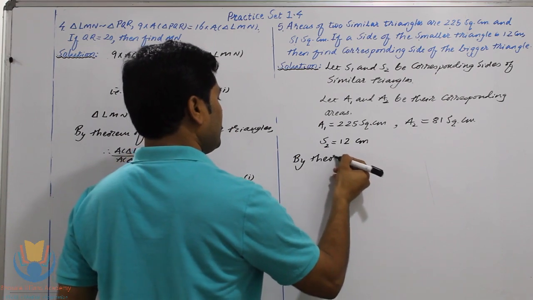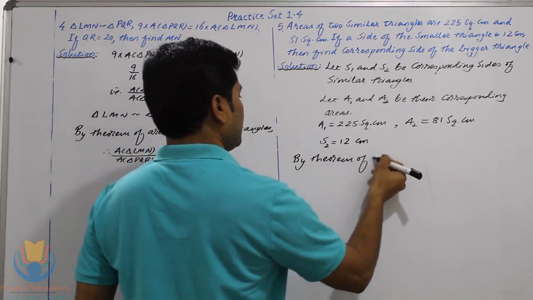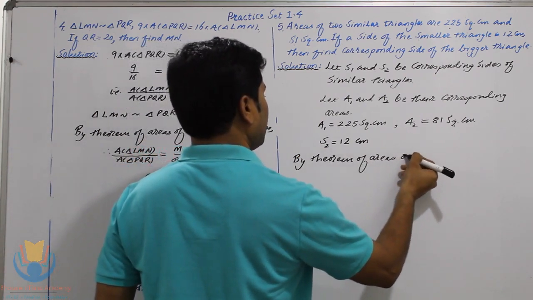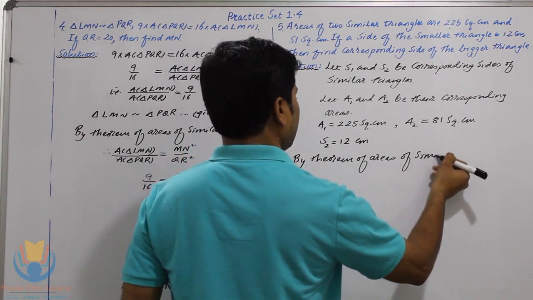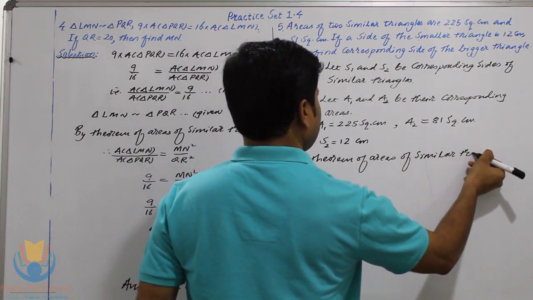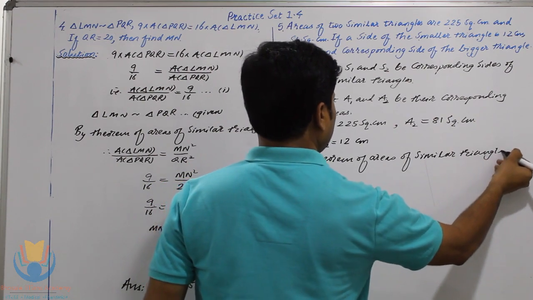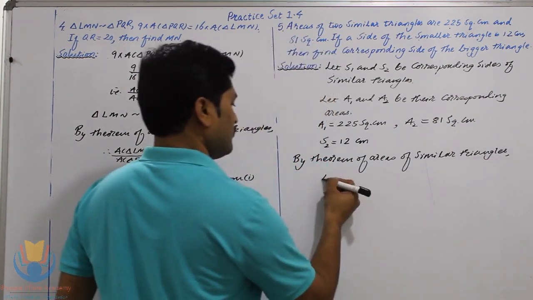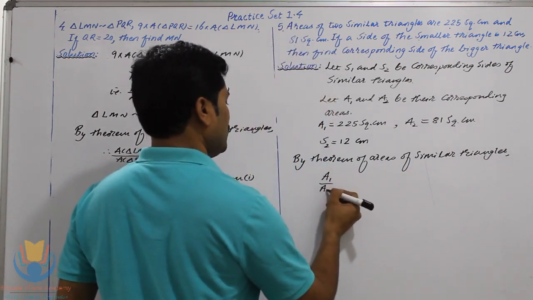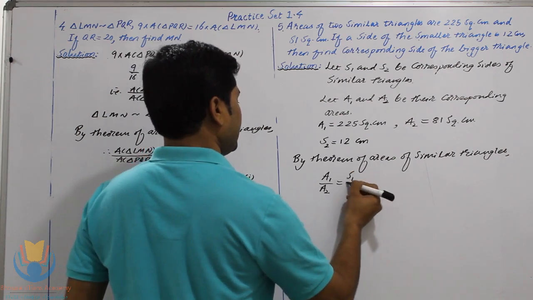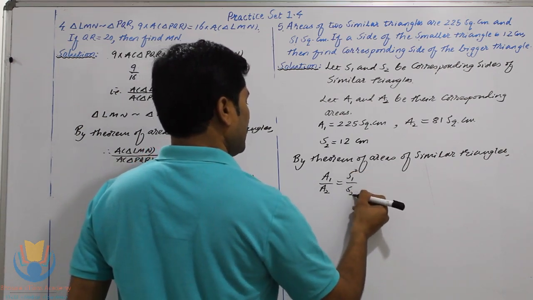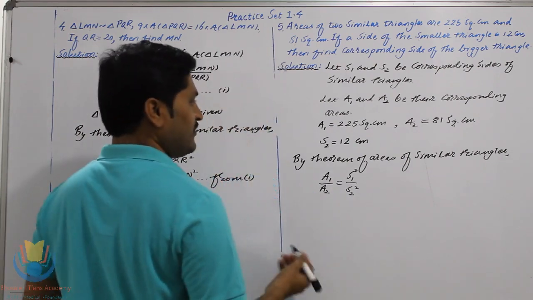By theorem of areas of similar triangles, A1 upon A2 is equal to S1 square upon S2 square. So let's substitute their values.